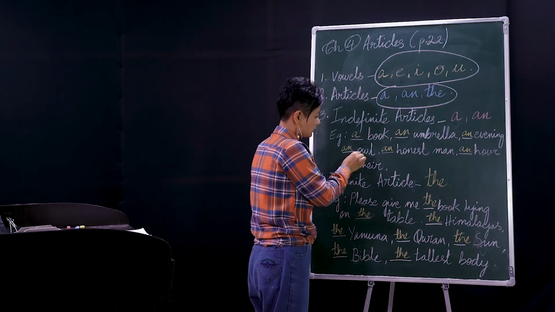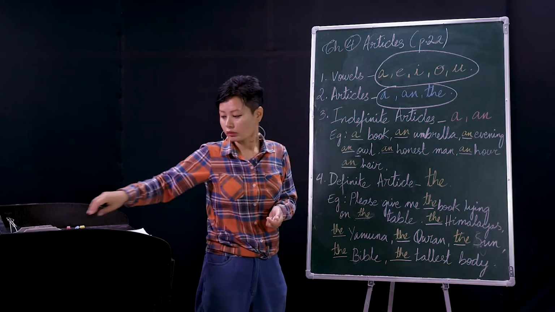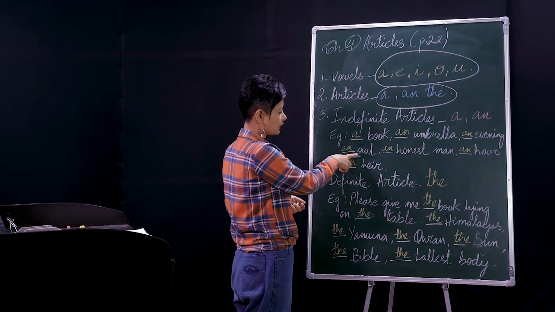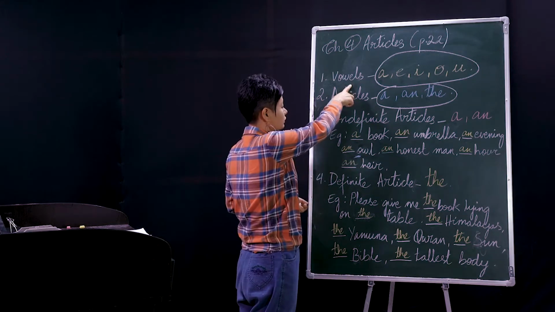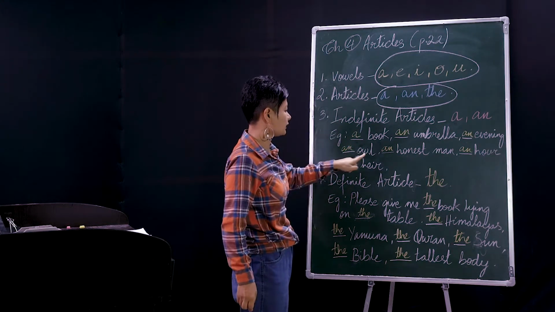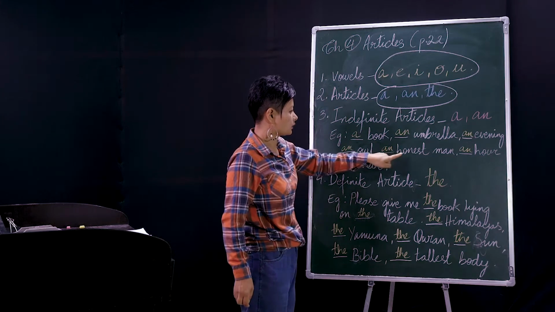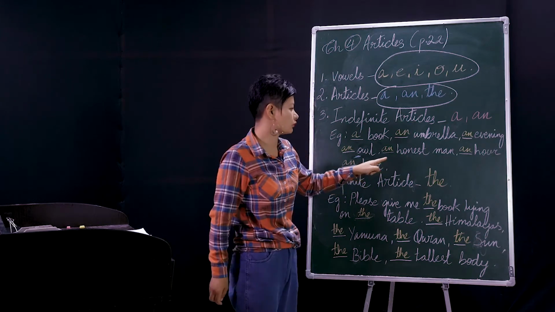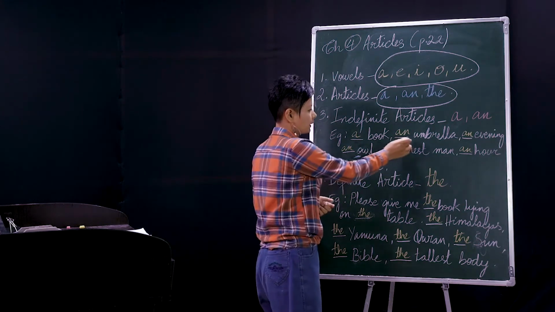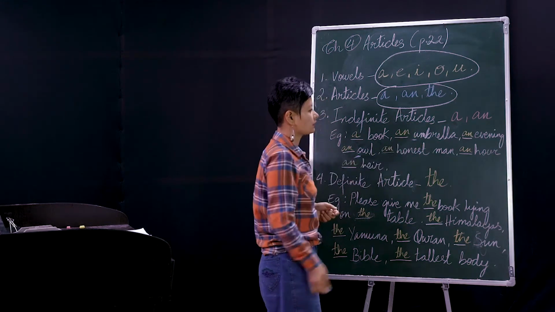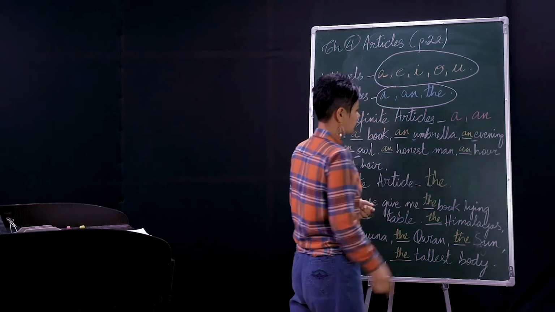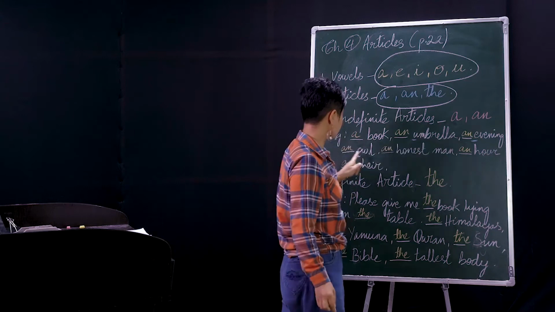See, this is a vowel, right? So, an owl, because O is a vowel, right? So that is why an owl, an honest man. So that here comes the third rule. See, an umbrella, here also it is a vowel, right? And evening, E is a vowel. That's why we are putting an, isn't it?